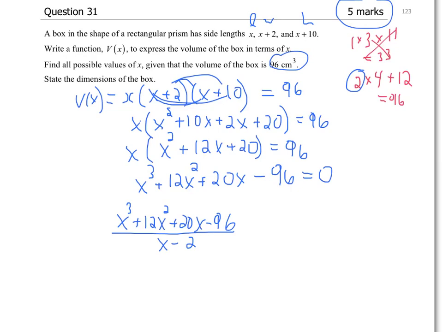I'll use synthetic division for that, but if my guess is true, I should get a remainder of 0. You could also use the factor theorem and substitute in 2, but because I'm so confident that this is a factor, I'm going to go right to synthetic division.